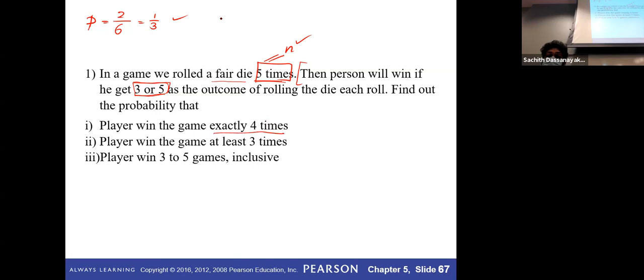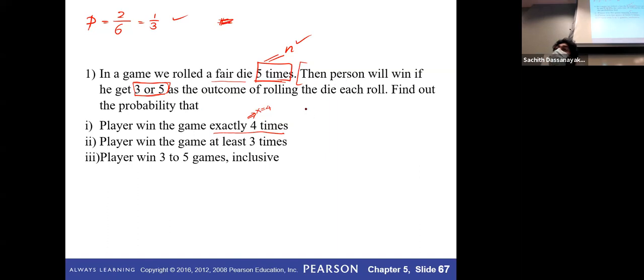Sorry, the number of times are the successes, right? So this is my X. X equals 4 for this case.